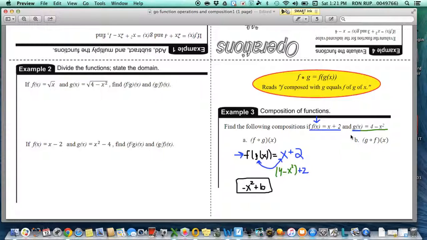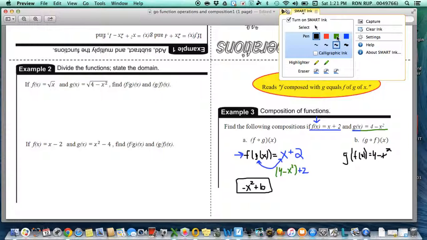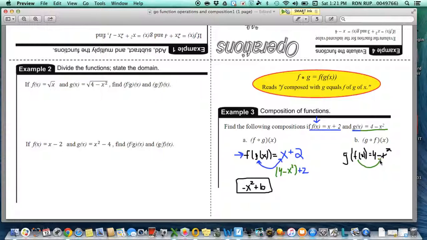Now let's flip the script a little bit. Now we're going to do g composed with f of x equals g of f of x. We're going to start with our g of x function, 4 minus x squared. Anywhere that I see an x, I'm going to replace it with the function f of x.